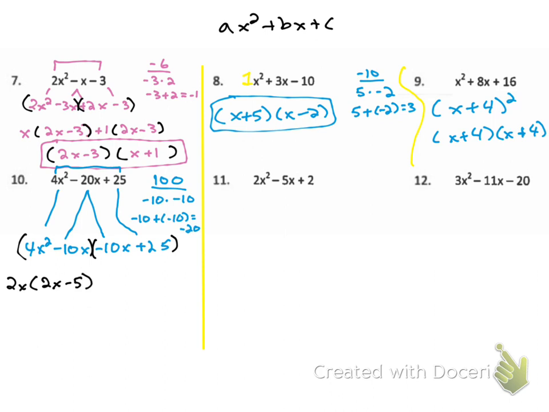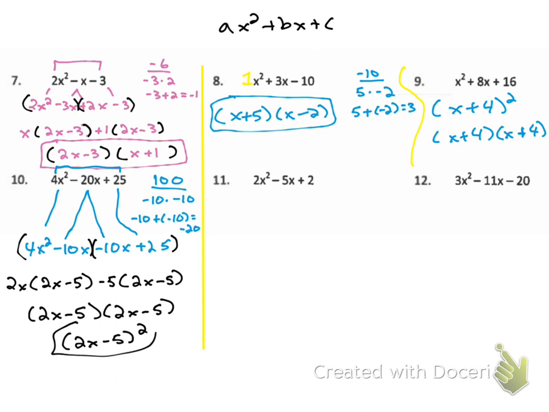GCF of that second group would be negative 5, which leaves me with 2x minus 5. This is a perfect square trinomial. I did not recognize that at the beginning, even though I should have. So the answer is 2x minus 5 times 2x minus 5, or you can write that as 2x minus 5 squared, okay? Either way is good there.